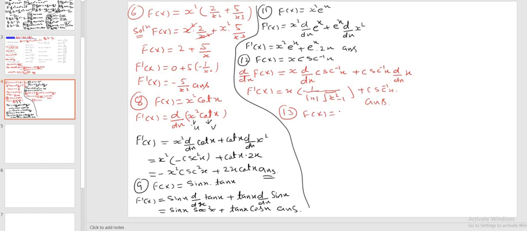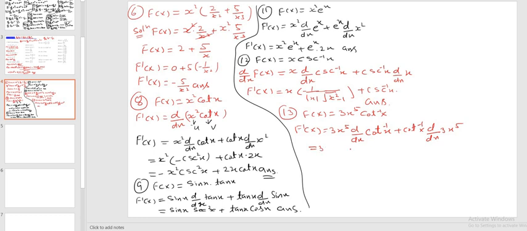f x is equal to 3 x to the power 5 into cotangent inverse of x. So what you have to do, differentiate: d dx of f x is f dash x, and differentiation by using this: 3 x to the power 5 d dx of cotangent inverse of x plus cotangent inverse of x into d dx of 3x to the power 5.